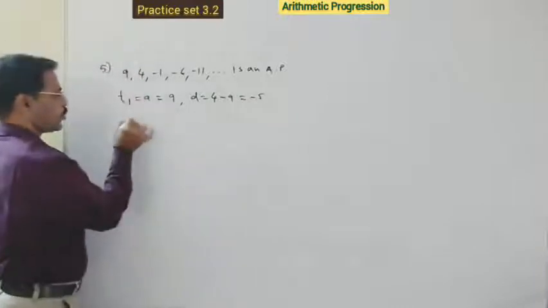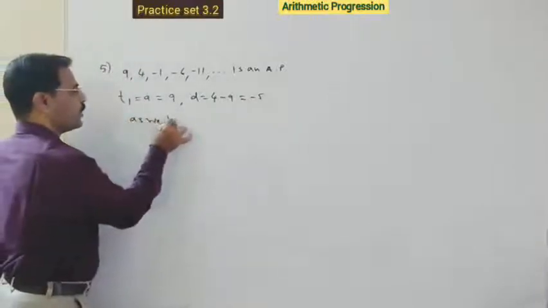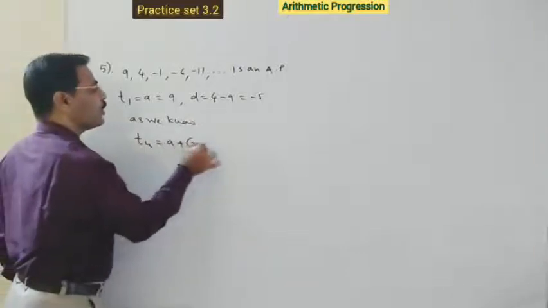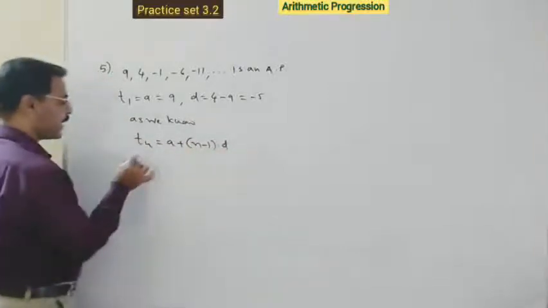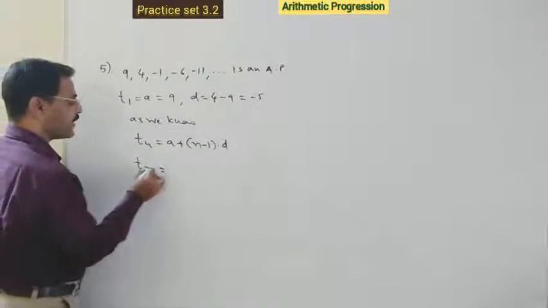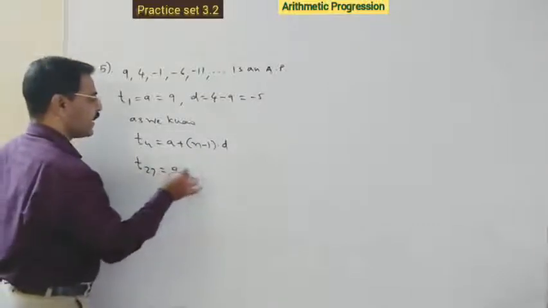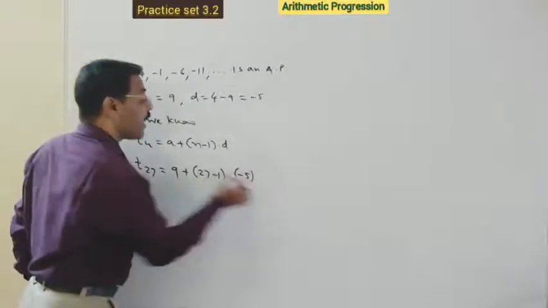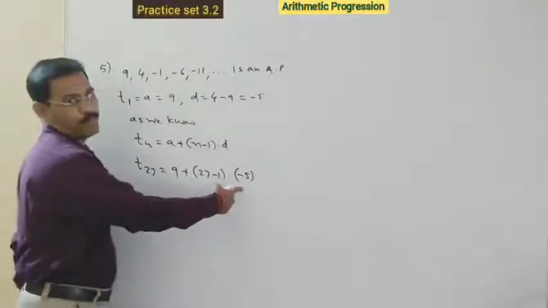Remember friends. So as we know, that formula we already know here. Now put here n as 27. Okay friends, A is 9, 27 minus 1 into d, minus 5. This is very important.